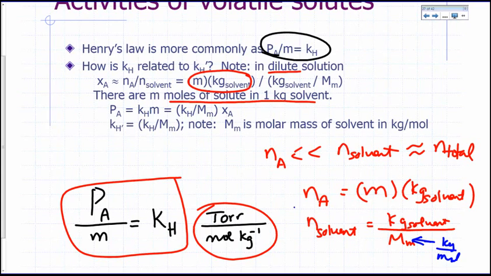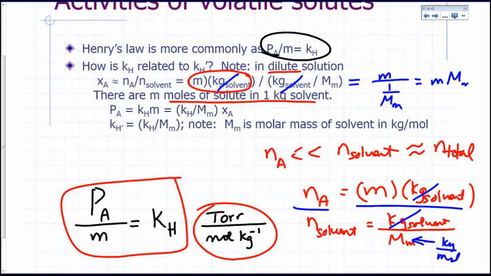If you divide this, kilogram solvent cancels out here. You'll just have molality divided by 1 over molar mass. So it's just molality times the molar mass of the solvent. And that's the expression for your mole fraction, in terms of the molality in very dilute solutions.